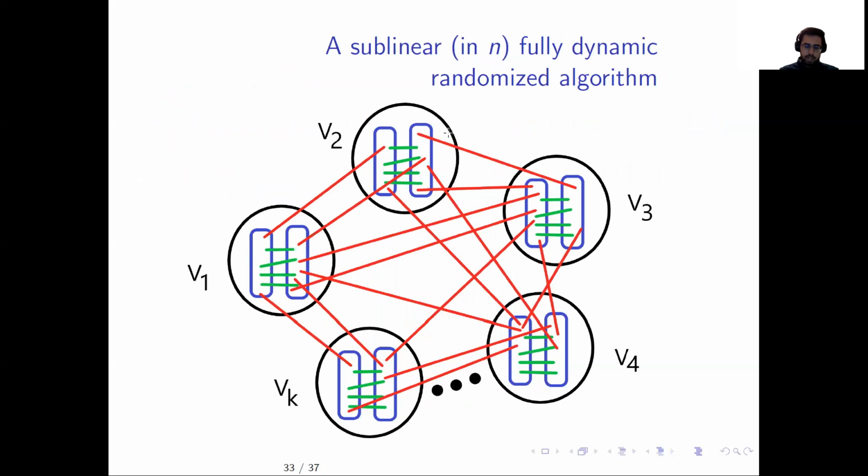You can generalize the combining idea to get a sublinear in n worst case update time randomized algorithm, which works against an oblivious adversary. In this algorithm, we start with a random partitioning of the vertex set V into k sets, to which the adversary is oblivious, and we again maintain half respecting cuts on all of these k vertex disjoint subgraphs.